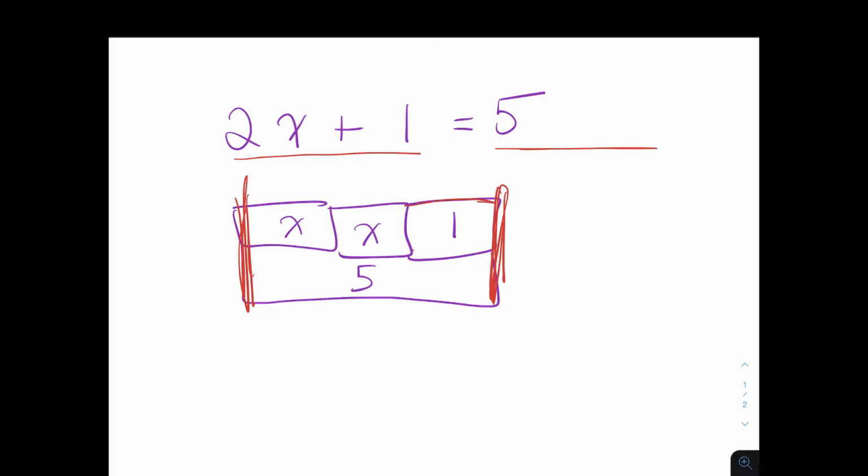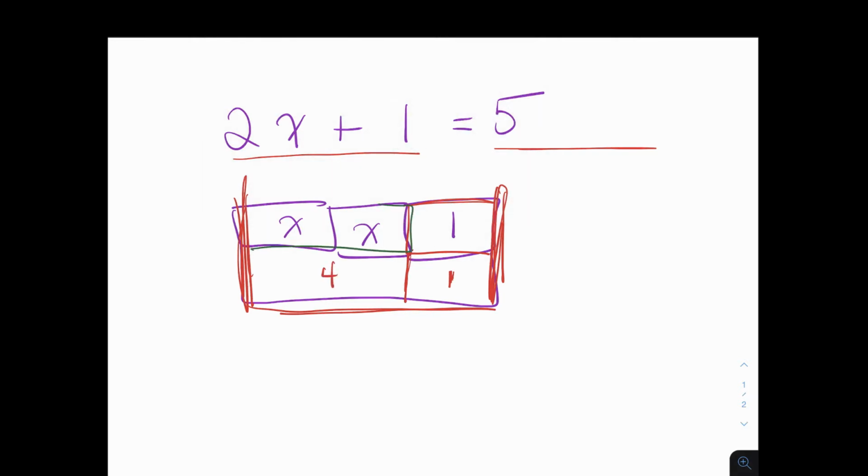So if this is 1 and this whole area is 5, that means this block would be 4. Now you have 2 blocks left, and you have to divide 4 evenly between 2. So how do you divide 4 evenly between 2? You're right, x would equal 2.